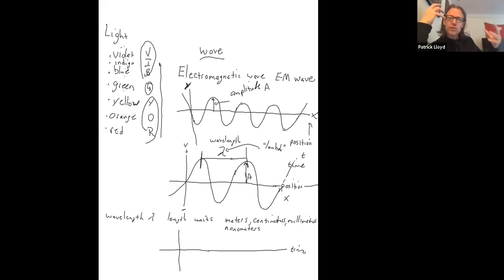Then there are molecules in your eyes that are capable of absorbing the energy of those waves and eventually sending a chemical signal to your brain that is then perceived based on your experiences and your genetics, perceived as something, an object, right?